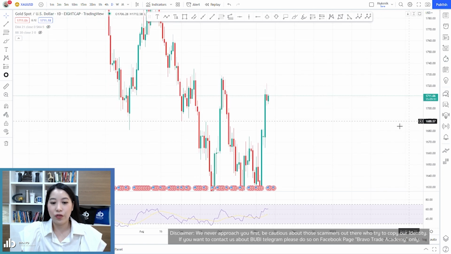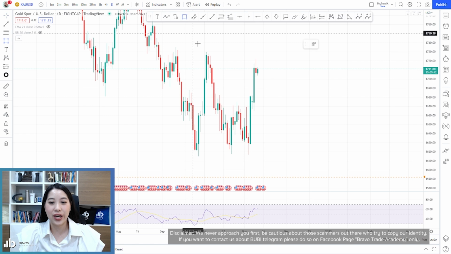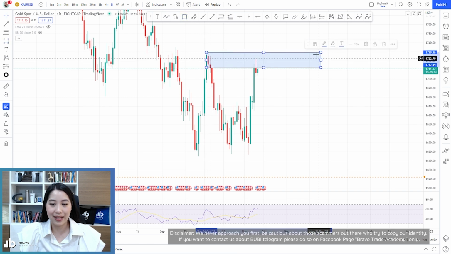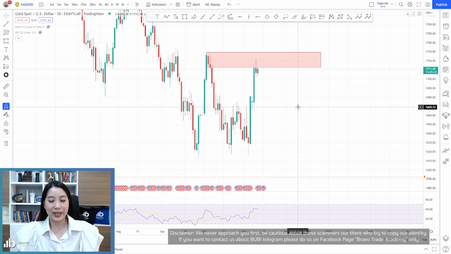Let's clean it all up and make the plans for today. Today's plan is going to be a selling plan as well, because we are now at the supply zone in this daily time frame. Let me use my magnets to make very precise borders for you.